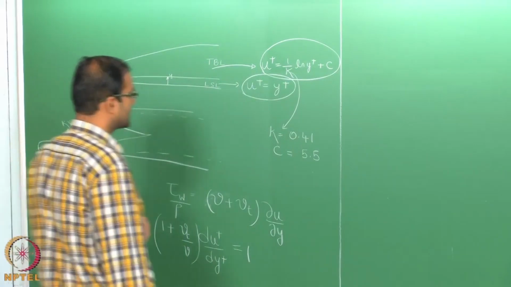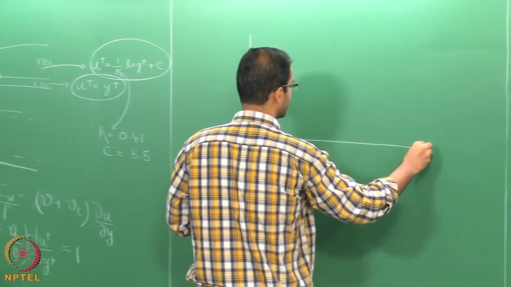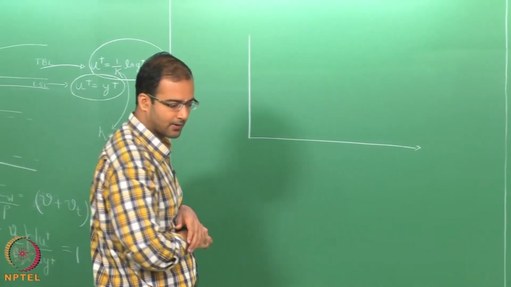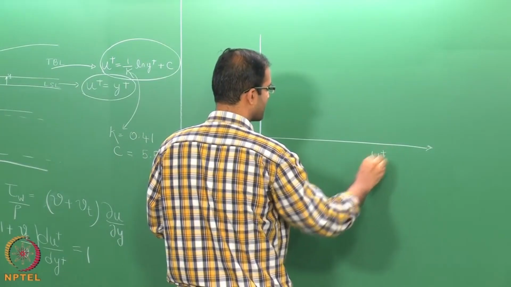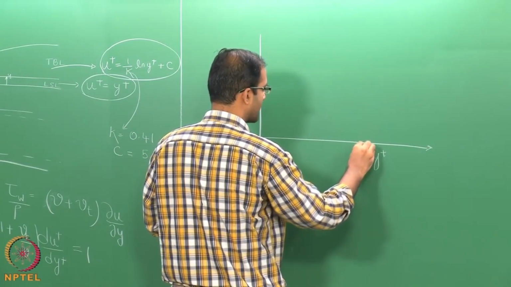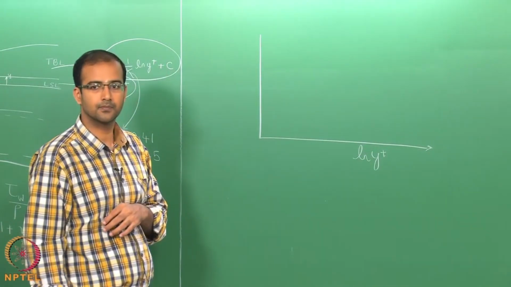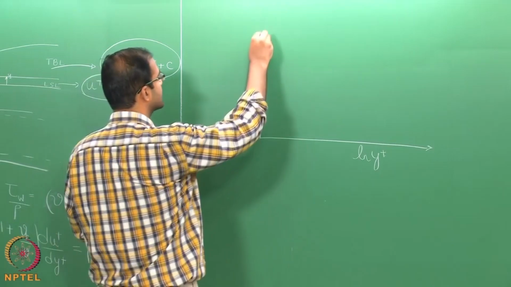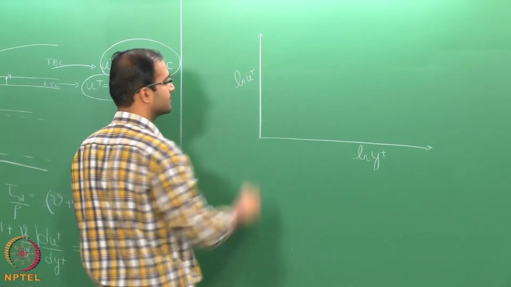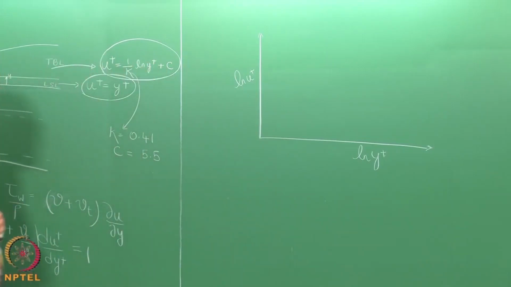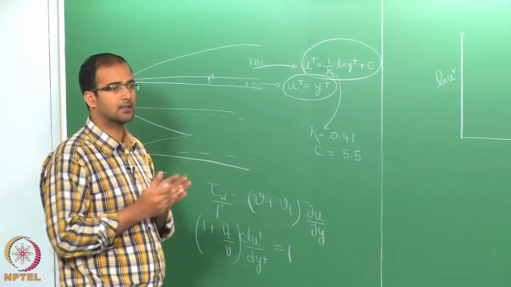So now if you plot this profile, let us say on the x axis you are plotting y plus, in fact you can use a log scale, and on the y axis you can plot u plus. You should understand this y plus varies several orders of magnitude.